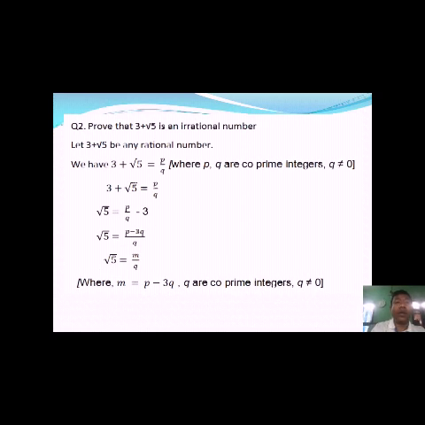Let us take another question. Prove that 3 plus root 5 is an irrational number. Here it is the same case. Let us suppose that 3 plus root 5 is a rational number. We have 3 plus root 5 equal to p by q, where p and q are co-prime integers and q not equal to 0.